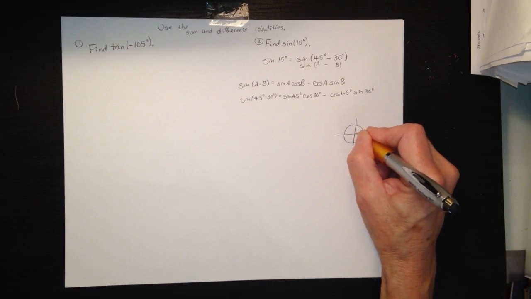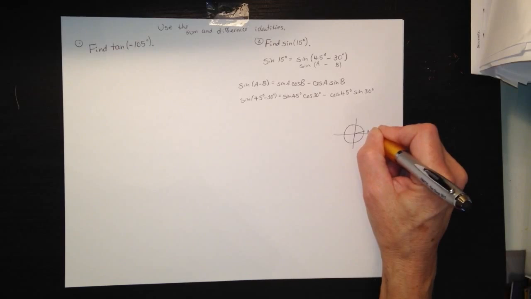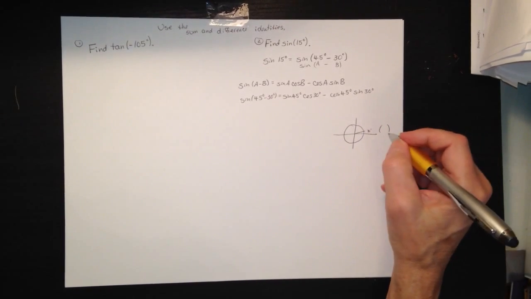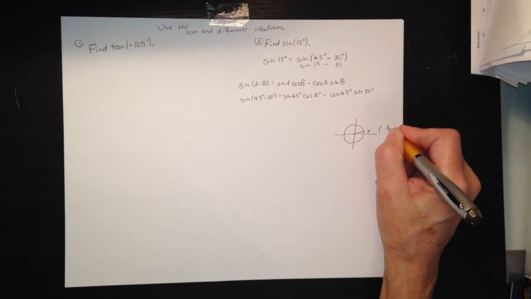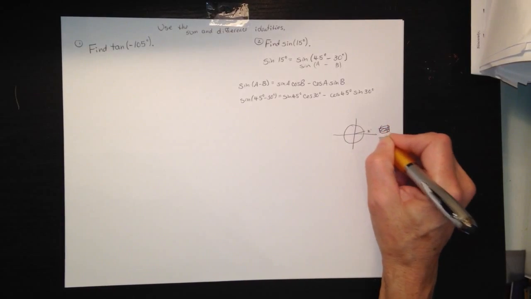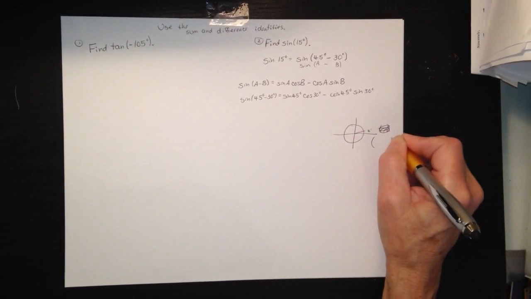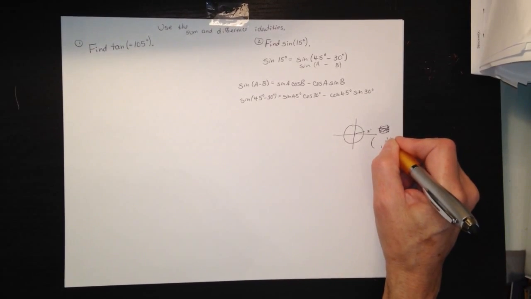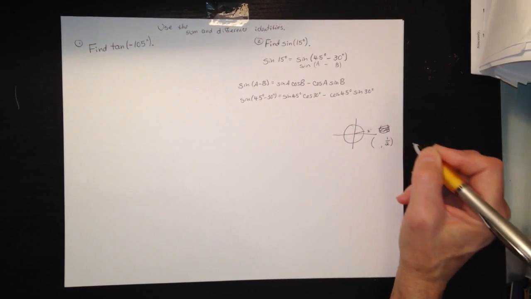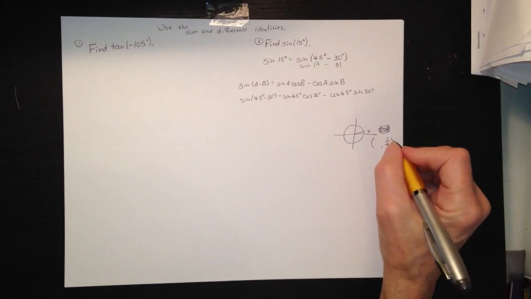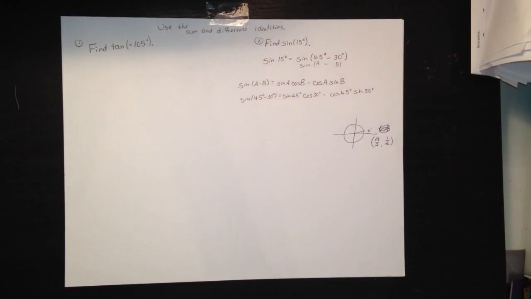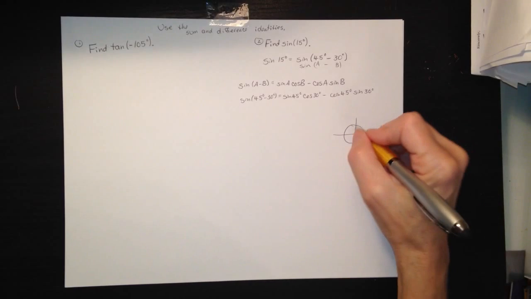So if this is 30 degrees, these are the values that go with that. The sine of 30 is 1/2, so that goes in the y coordinate place. And the cosine of 30 is the square root of 3 over 2. That goes in the x coordinate.